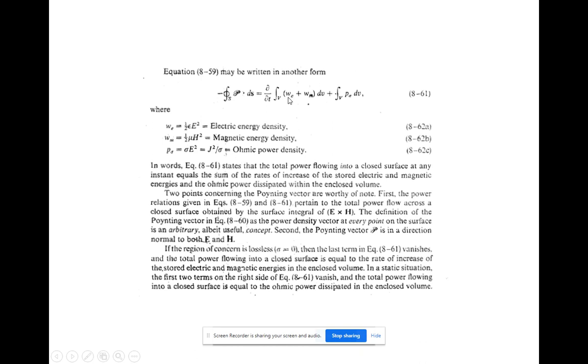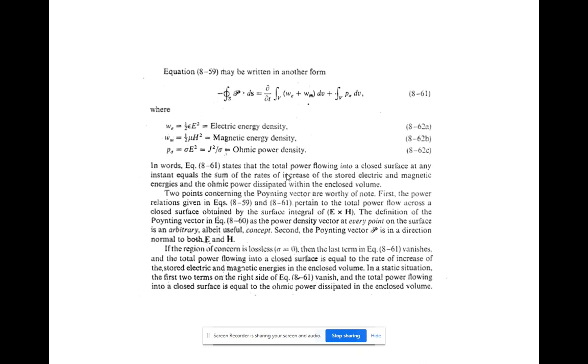So these electric and magnetic field energy densities are added to the ohmic power density, which will give the Poynting vector P. The above equation states that the total power flowing into a closed surface at any instant equals the sum of the rates of increase of the stored electric and magnetic energy and the ohmic power dissipated within the enclosed volume.